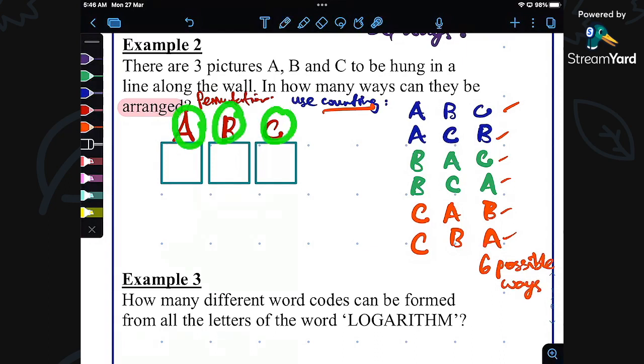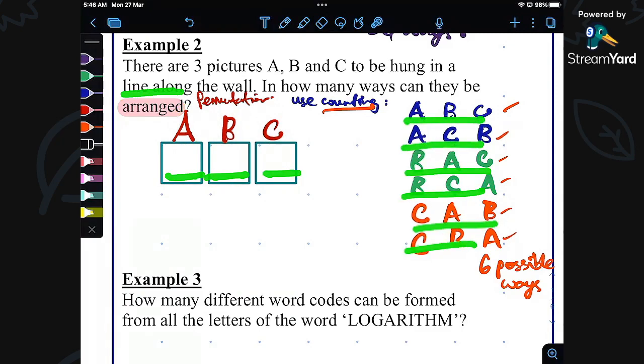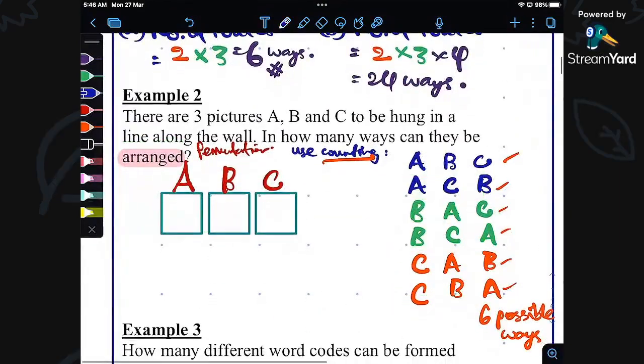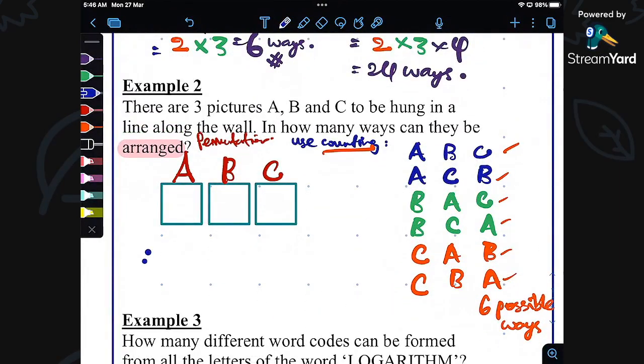These are the 3 pictures, isn't it? So we can rearrange them in a row, in a line, and we count them one by one, and we know that there are 6 possible ways to arrange those pictures. And so I put here as a conclusion, there are 6 ways.